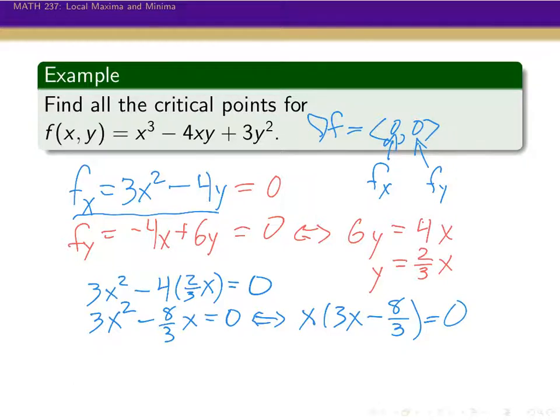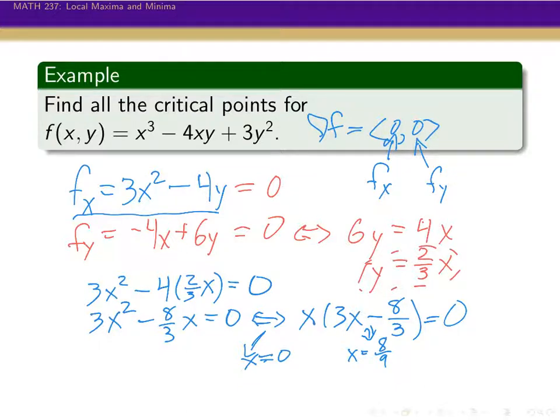And so out of this, we get one point being x is equal to 0, and the other point coming from here, if I do 3x is equal to 8/3, then x is going to be equal to 8/9. And then to get the y values, plug this back into where we solved for y there.